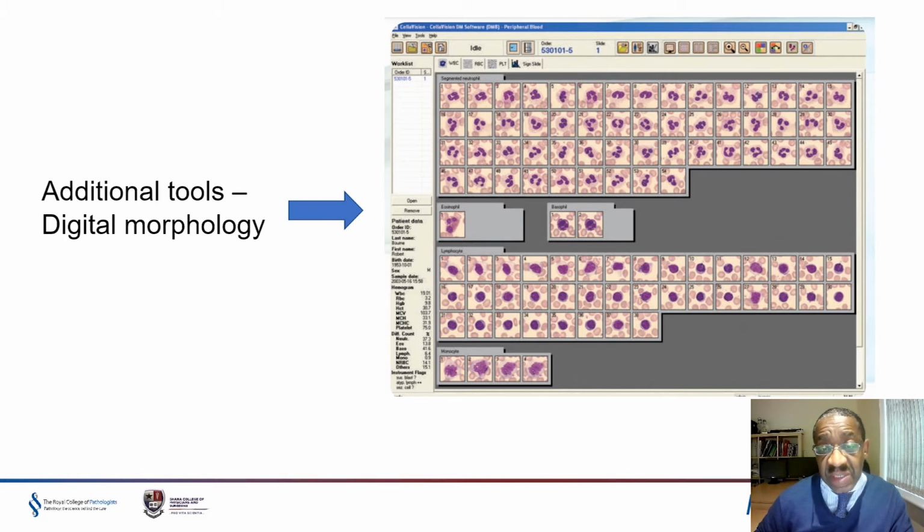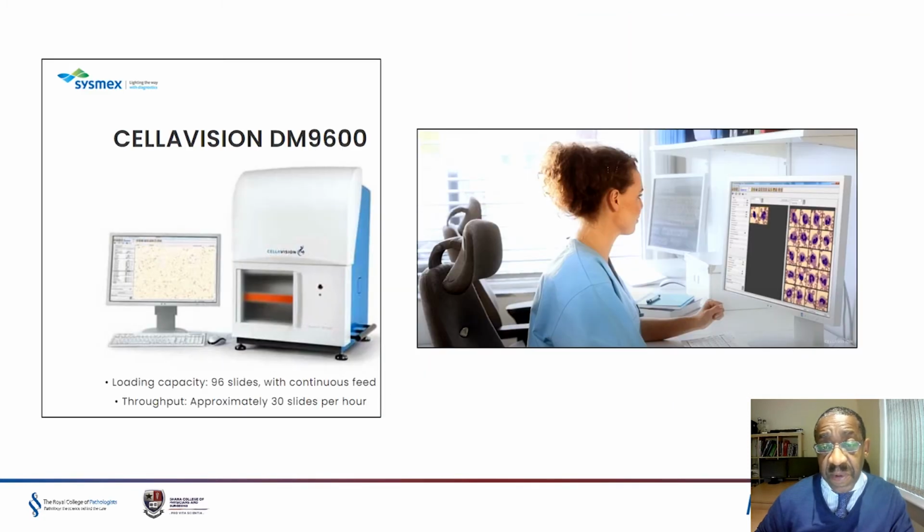The quality of these images can be really good, but also importantly, it picks out small numbers of cells that might not be easy to pick up when you look down the microscope. So this is what it would look like, and the advantage, like I said, is to be able to access these images remotely, especially in difficult situations, for example, during a pandemic, and it allows remote reporting and the fact that you don't physically have to be in the laboratory to report a blood film.